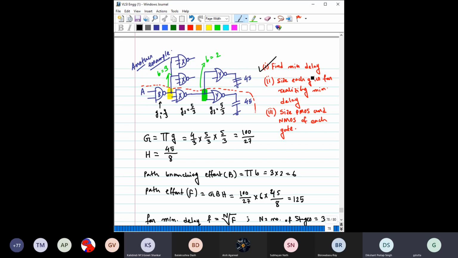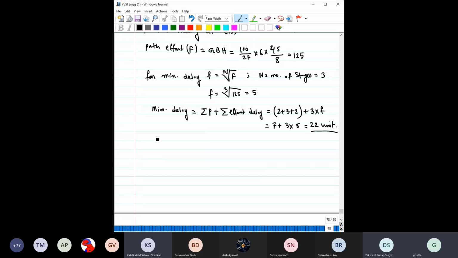Find the minimum delay. The next question is to size each gate for realizing the minimum delay. So interestingly, first we find the minimum delay, then from there we have to do a couple of things, and find this y and x. It is again quite simple. We have already done this thing.